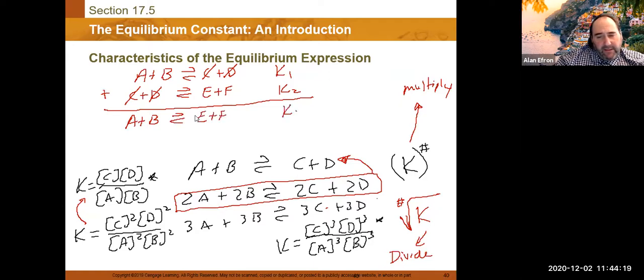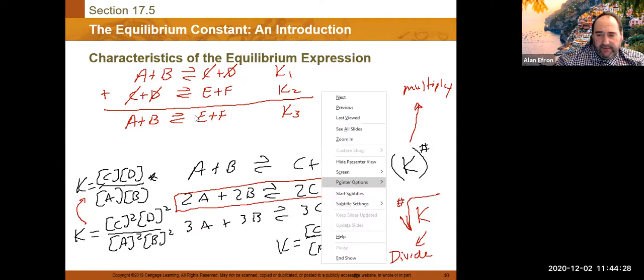Let's say we wanted to know, what is the K value for this overall reaction? So let's get rid of some of this so I've got something to write on.